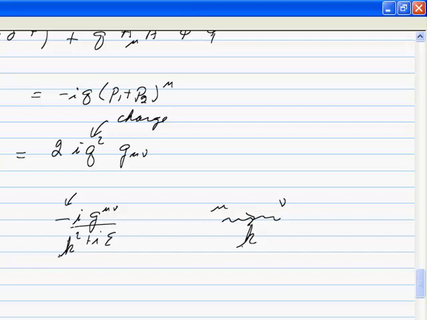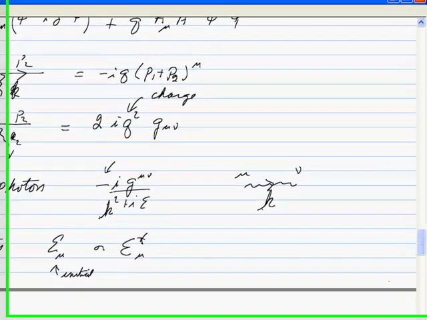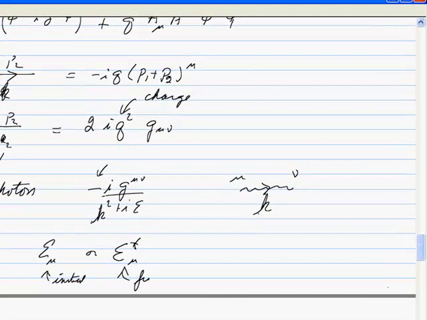The other change is that there's a new rule, external photons. You add epsilon mu or epsilon star mu in the initial state or final state.